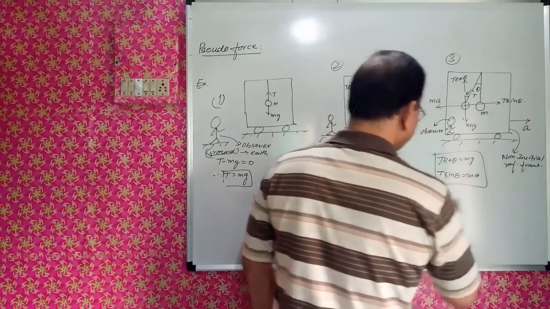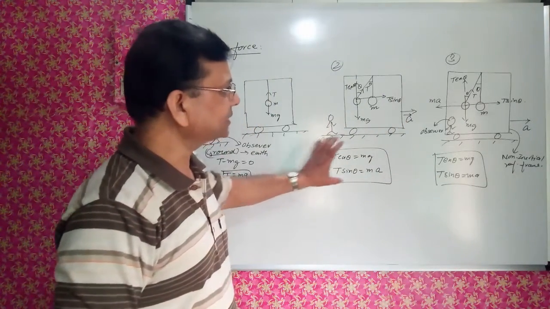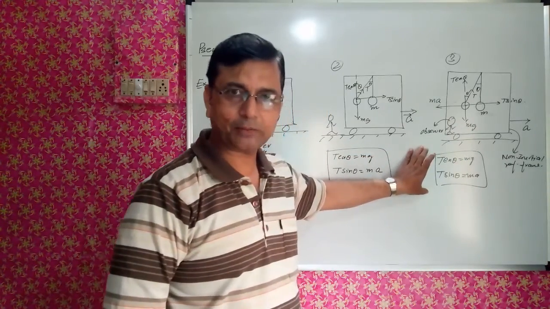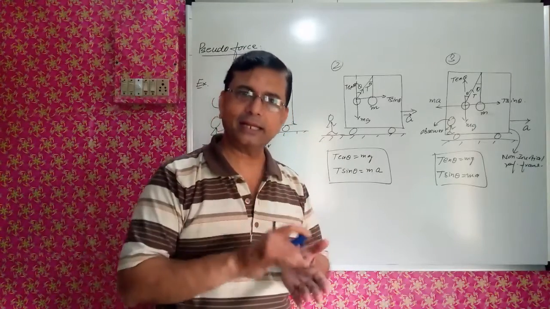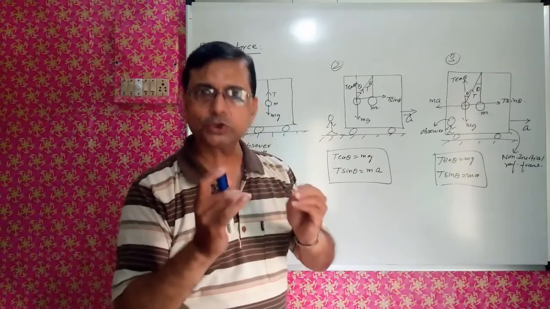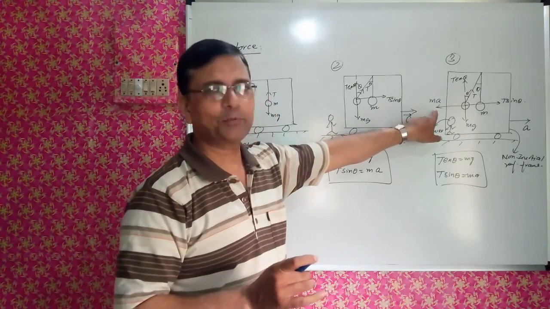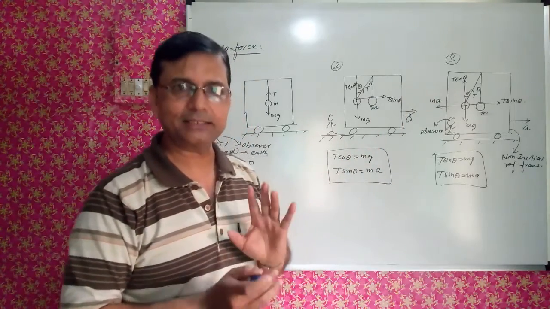When it is observed from the inertial frame, we get this relation. When it is observed from the non-inertial frame, we get the same relation, because Newton's laws of motion are universally true, whether in an inertial or non-inertial frame. The situation should be the same. So for the sake of that, a pseudo force has to be applied so that the result will be the same in both cases.